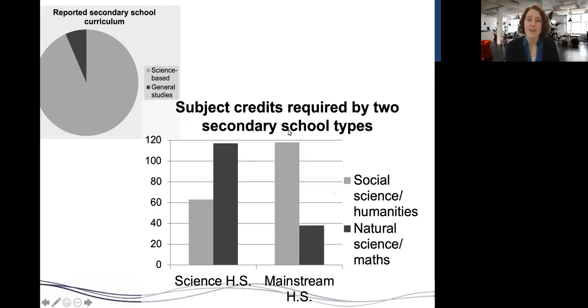Here as well, really high numbers of social science and humanities, including languages, and yet not so much in the science and maths. So the mainstream high school students are coming into this class, if there were many of them, and there aren't very many at all, with one of these groups has much more language experience behind them.